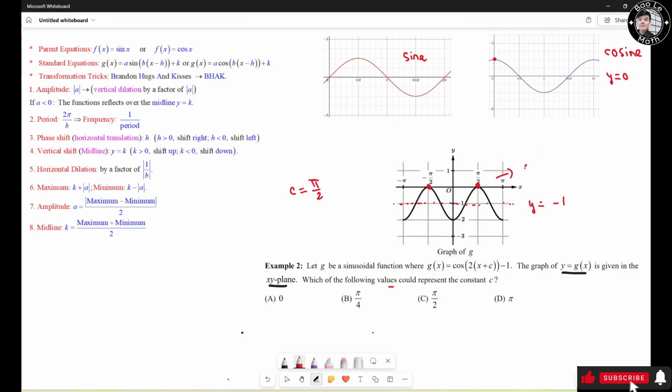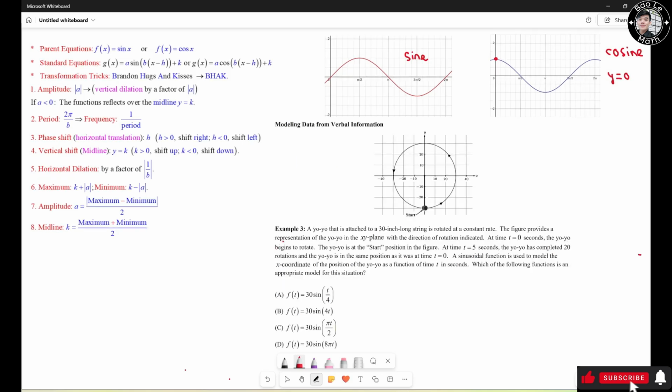So c equals -pi over 2. So based on these graphs, we have two values of c, right? So we look at this one, only this one works. So we pick this one right here, which is the function shifted to the left pi over 2, right?